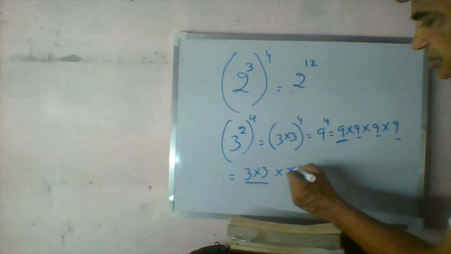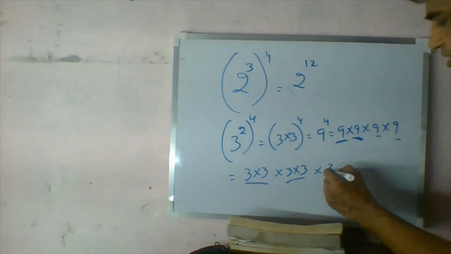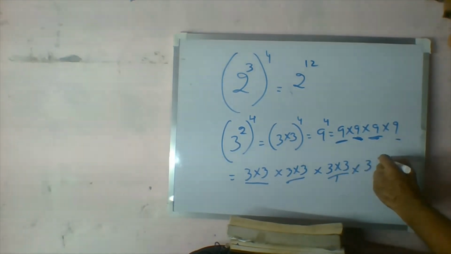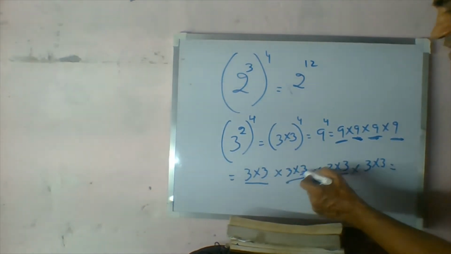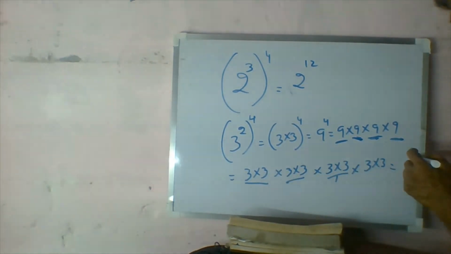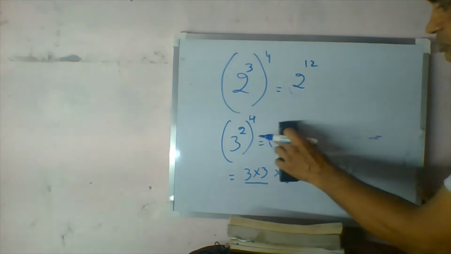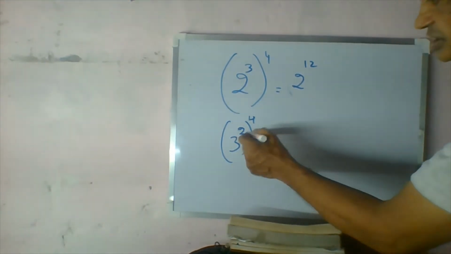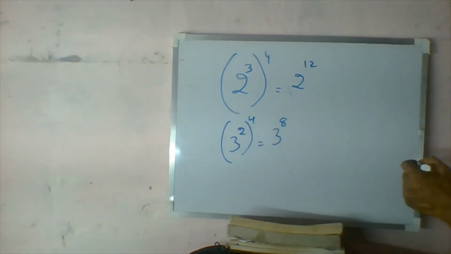Then again 3, 3, this 9, then again 3, 3, this 9, then again 3, 3. So now we have 1, 2, 3, 4, 5, 6, 7, 8. That is 3 raised to power 8. So 3 raised to power 2 raised to power 4 is 3 raised to power 8.